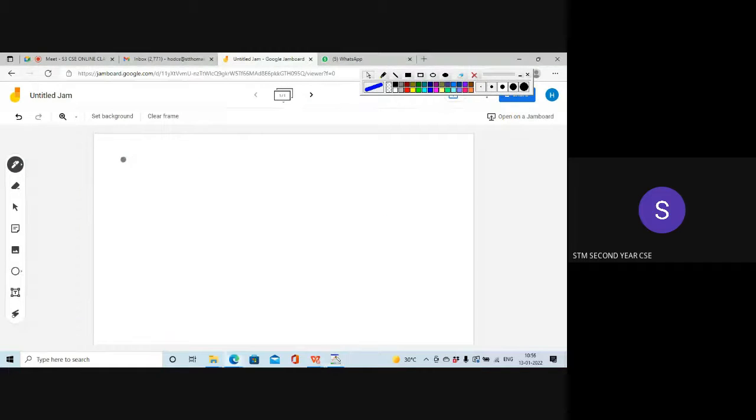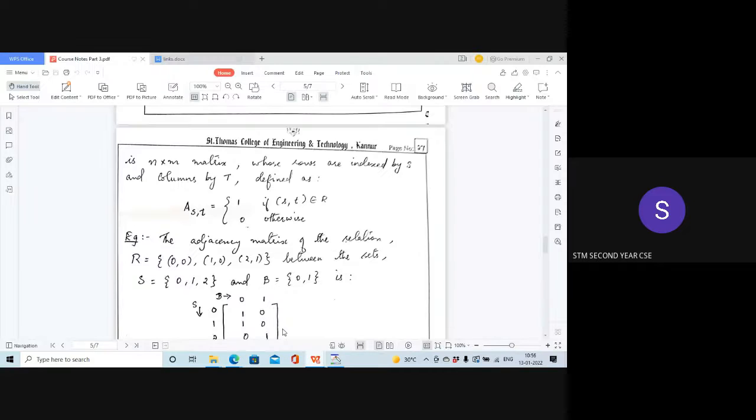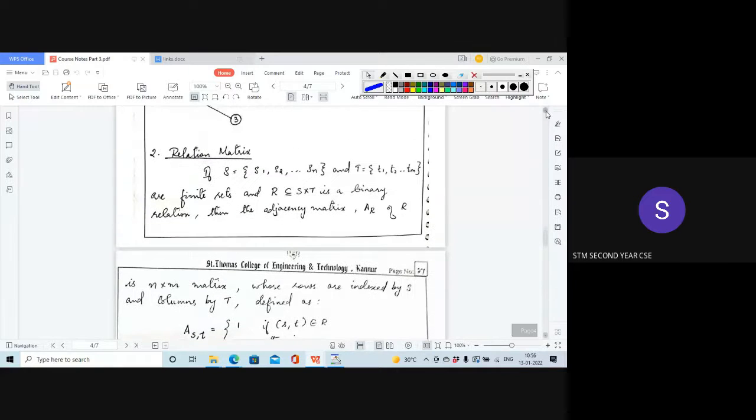So now the second method of representing relations is using what? What is the second method? We call it the relation matrix or adjacency matrix.